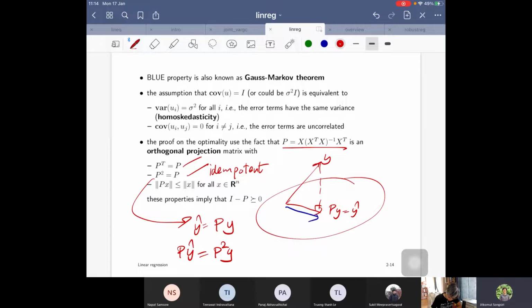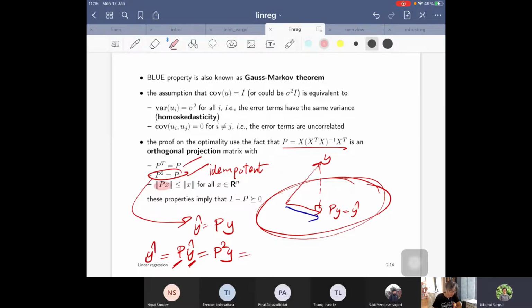If Y hat is already on the space that you projected to, of course, if you make the projection again, you should get the same vector, which is Y hat. So that's the meaning of orthogonal projection: it has to satisfy this property, P squared equals P, an idempotent matrix.